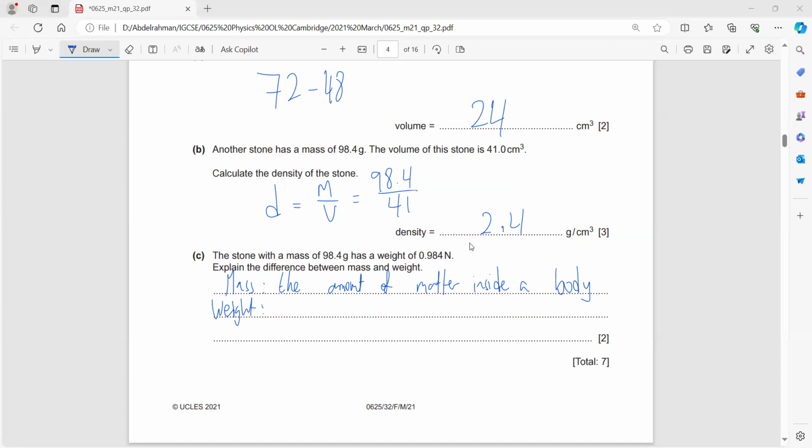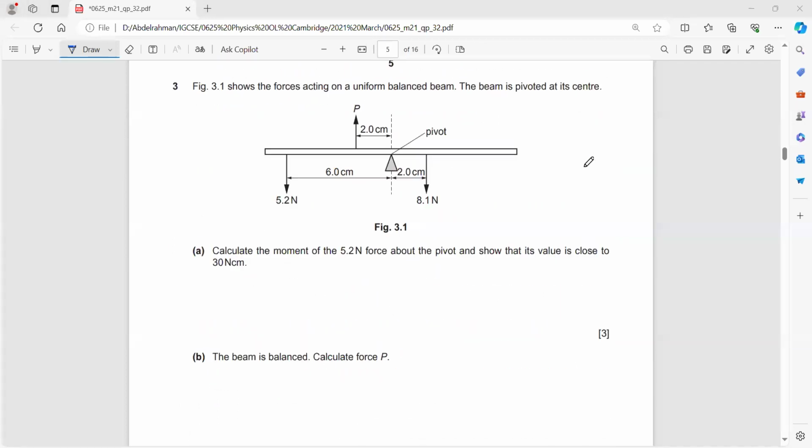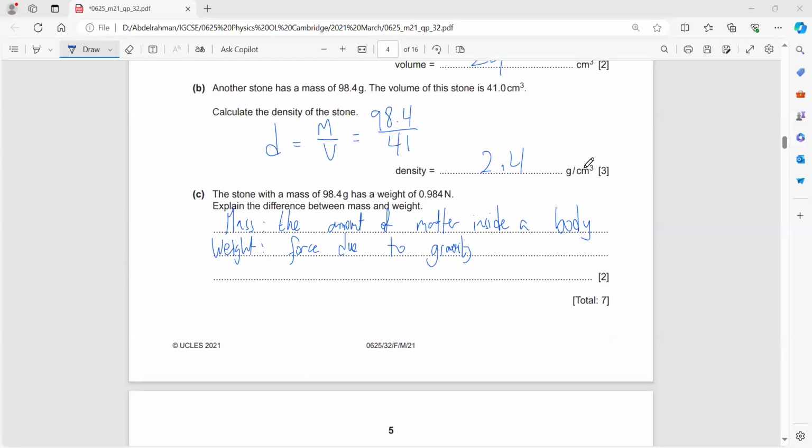It is a force, correct. A force due to what? Gravity. So it is a force due to gravity. Nice, very good, bravo. Next question.